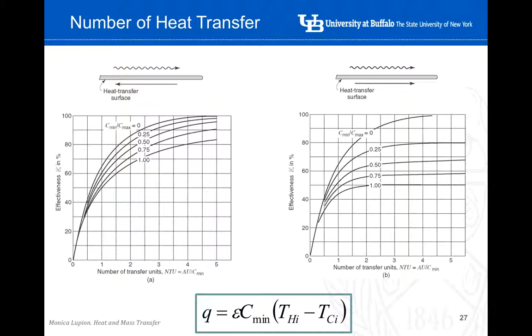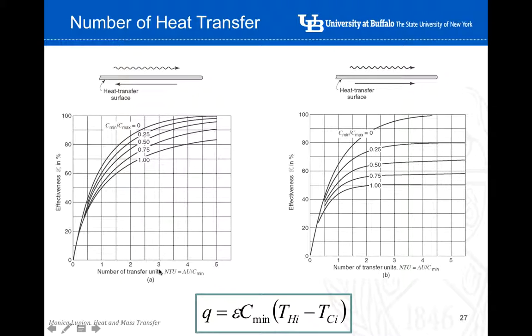These are just 2 examples from your textbook. This is the case of the counter flow, and this is the case of a parallel flow heat exchanger. Normally, you can calculate the NTU if you have the area, the overall coefficient, and the minimum capacity of the system.